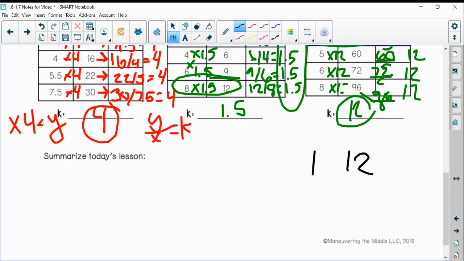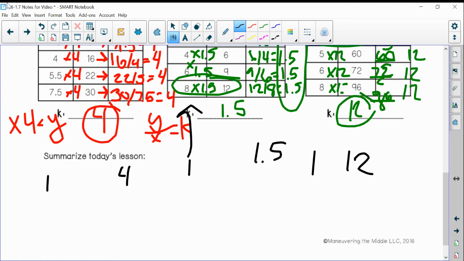That constant rate would be your answer for 1. So same for here. Because we got a constant rate of proportionality of 1.5, for every 1 hour, it would be 1.5. And the same up here, we had 4, so we know that for every 1, it would increase by 4.